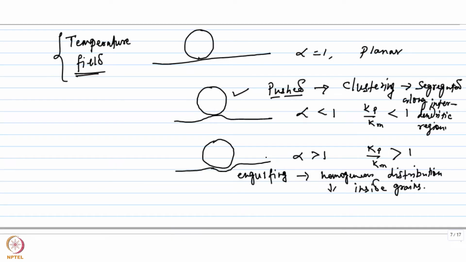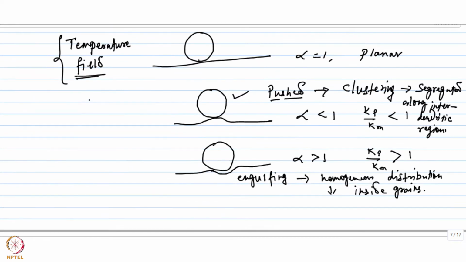In the previous lecture, we have seen that the distribution of particles depends on this parameter called alpha, which is the thermal conductivity ratio, the ratio of thermal conductivities of the particles and the metal.